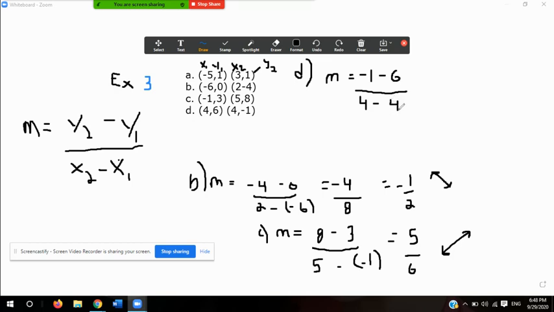So negative 1 minus 6, again, we're adding the opposite, so that's negative 1 plus negative 6, which is negative 7. And 4 minus 4 is 0. So that means that the slope is undefined, and that means that the graph is a vertical line.